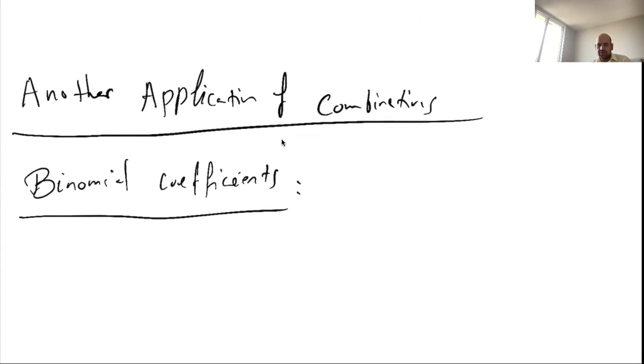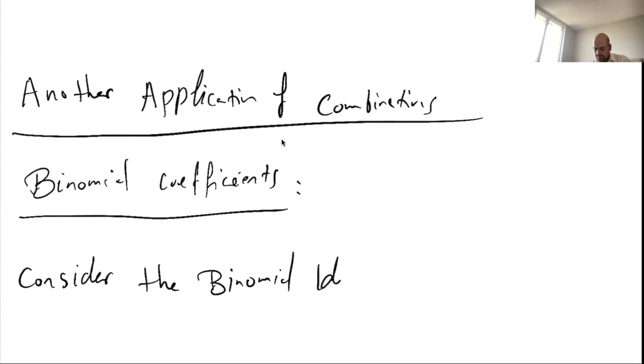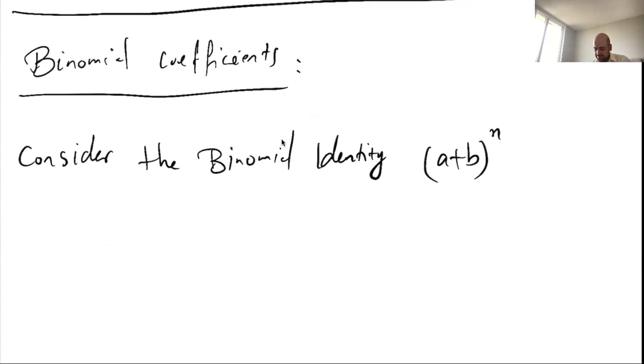Binomial coefficients means, if you consider the binomial identity, let's say a plus b, the whole to power n, what are the coefficients of this identity if we expand it?